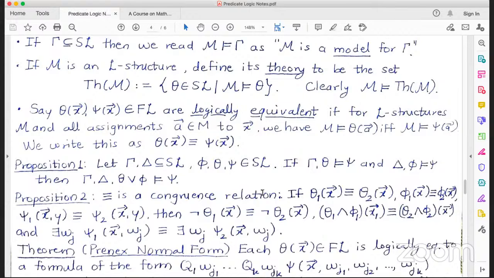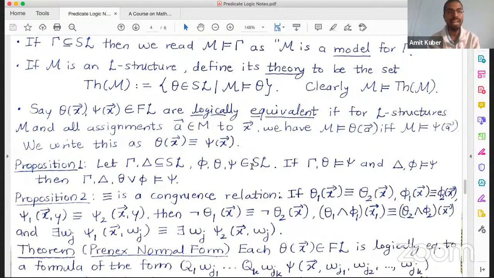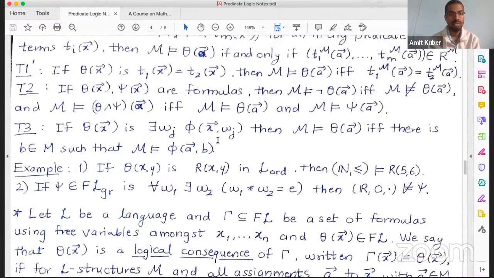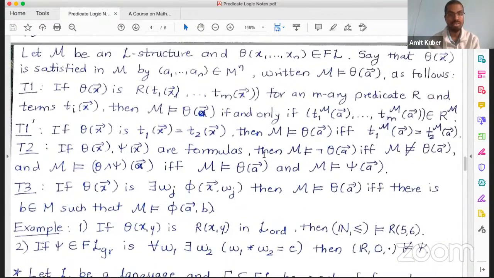Yes, you can. Another question is why we define satisfaction only for sets of sentences, not arbitrary formulas. No, we have defined satisfaction for formulas, but you need some extra data: the assignment to variables. Satisfaction is this double turnstile symbol.